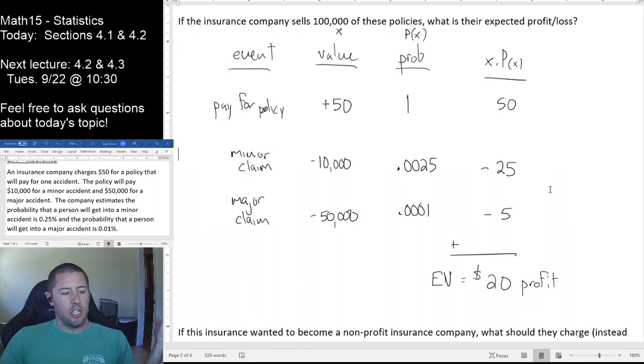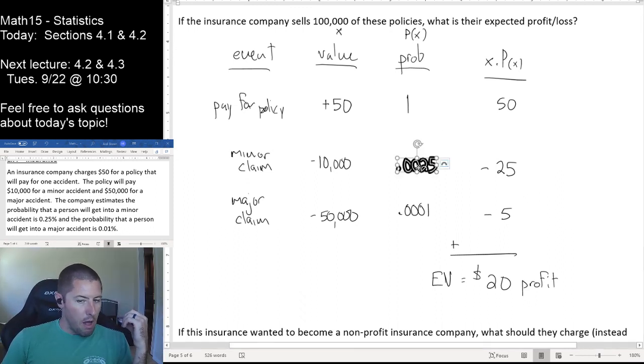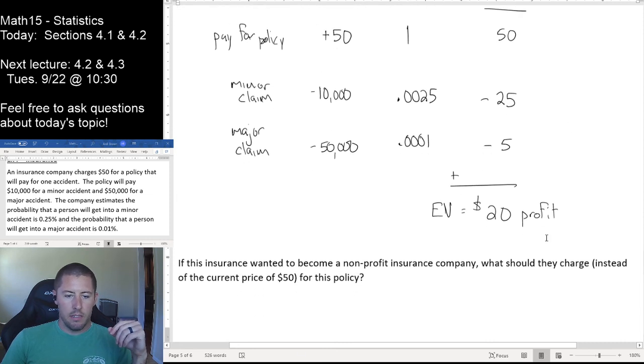But on average, collectively, a very small minority of people are going to make very big claims that result in losses, but a vast majority of people, the other 99.65%, are never going to make a claim on this policy, in which case the company just gets to pocket the $50. So the company is expecting to receive on average $20 of profit per individual policy that they sold.